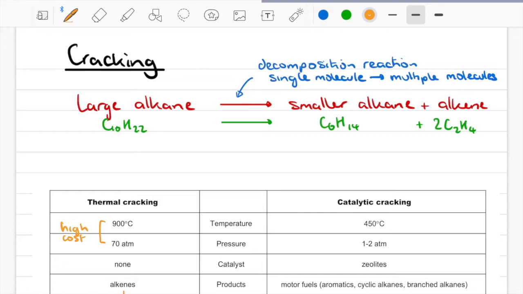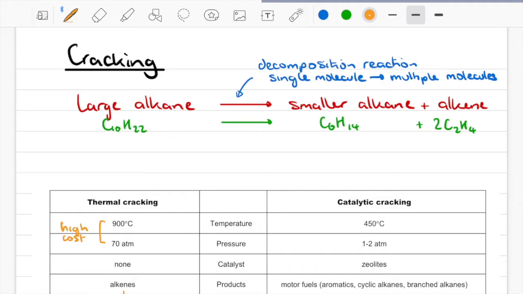They give us the raw materials for addition polymers, which you'll do more about when you come to the alkenes topic. So that's like a chemical feedstock. You might have heard that term before, because I think at GCSE it would have been used.